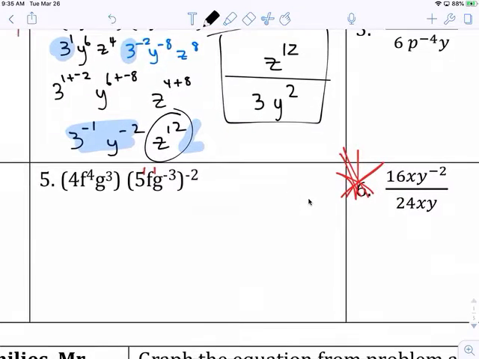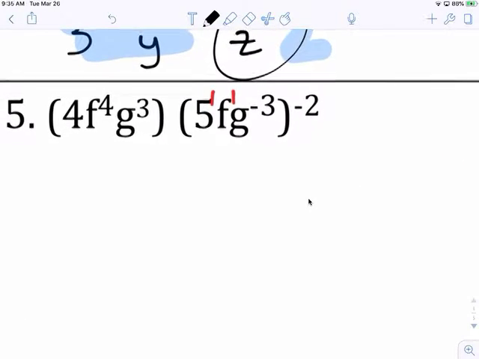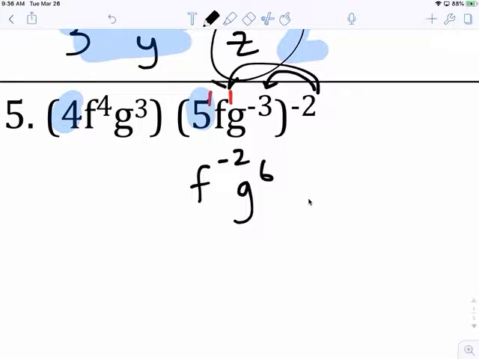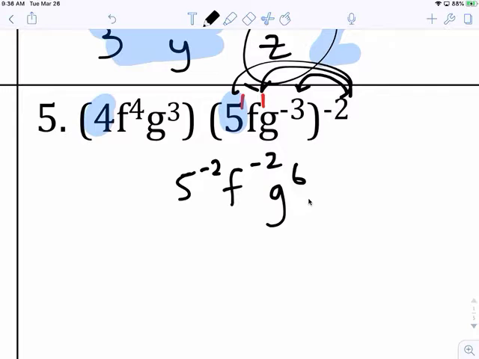Okay, now this one, some of you wanted me to do this one. It's the same thing, but because these are different, you don't multiply them, you don't combine them. So you get 6gf to the negative 2 and 5 to the negative 2, and then you combine and put the other one in, 4 times f to the 4th and g to the 3rd.